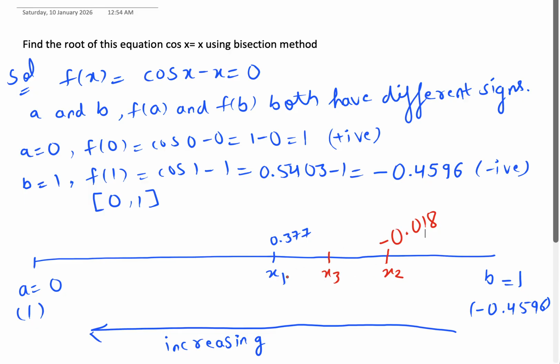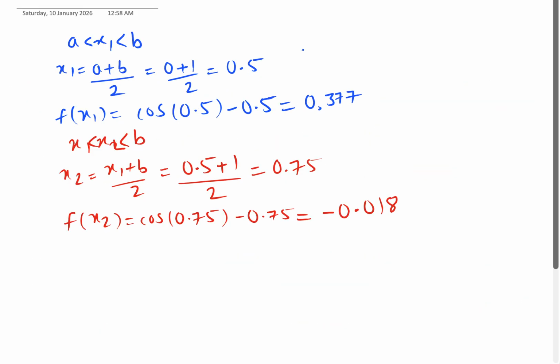It will be between x1 and x2. x3 will be between x1 and x2. So for x3 it will be (x1 plus x2) upon 2.